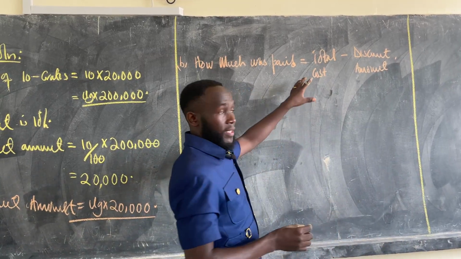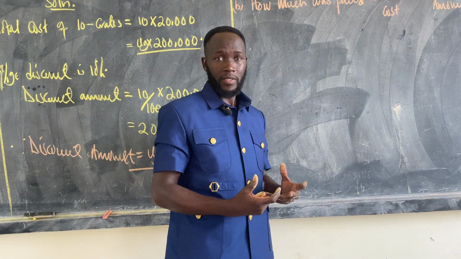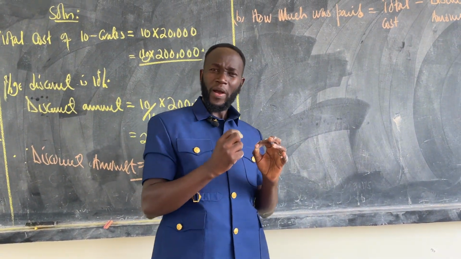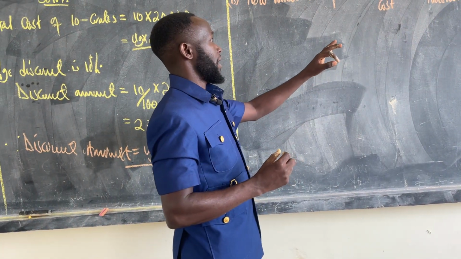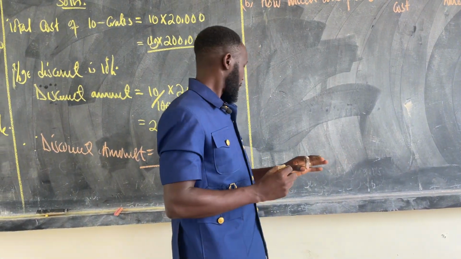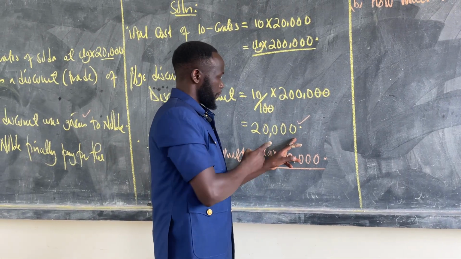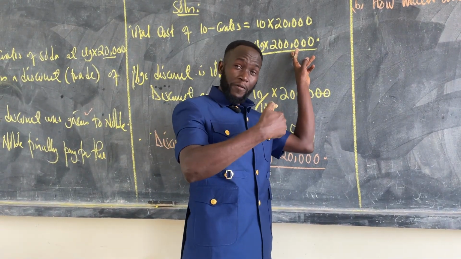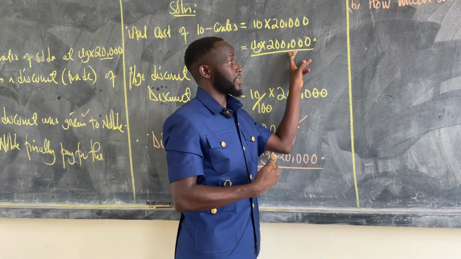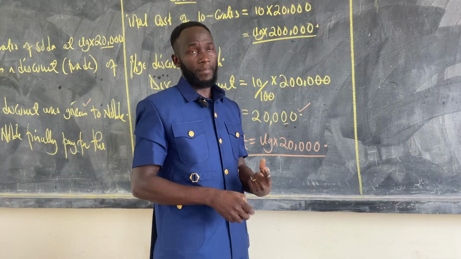The total cost, Noble was meant to pay 200,000. However, this person was so lenient and good to him and gave him a discount of, according to what we've calculated, 20,000. Now, what you do, the 20,000, you reduce it from what Noble was supposed to pay previously. What you remain with becomes the amount of money that Noble actually paid.